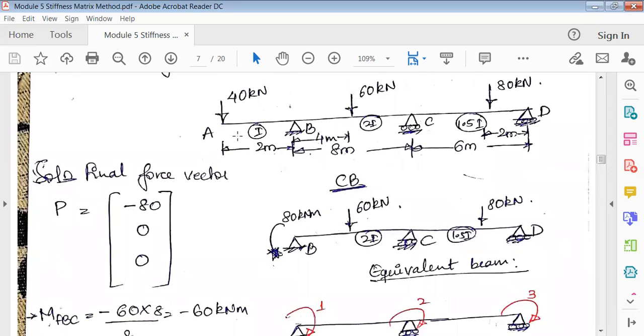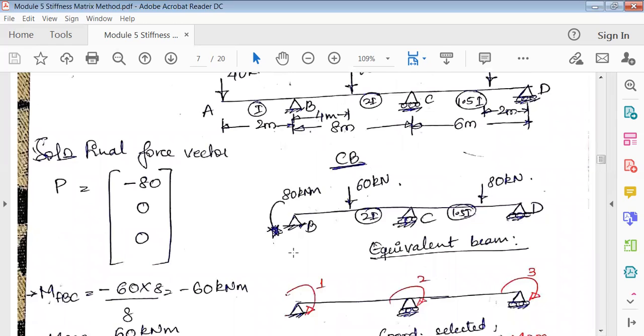So 40 into 2, but now it is going anti-clockwise. That's why it's minus 80. All the clockwise rotations are positive, anti-clockwise rotations are negative. So it is minus 80. Then at C there is no moment, so it is 0, and at D also there is no moment. So it is minus 80, 0, and 0. So this is P.